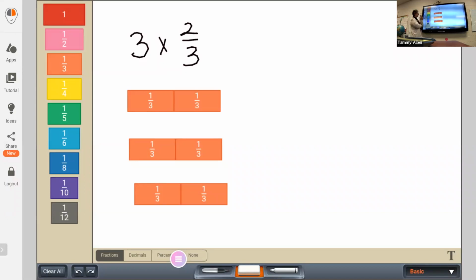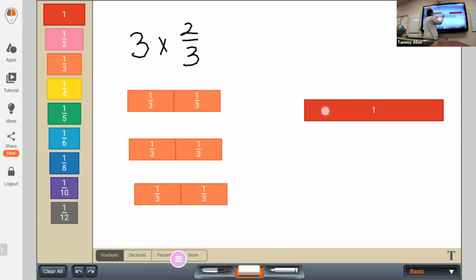Now, again, I could go with the assumption that 3/3 equals 1, or I can pull these out and fill them up.